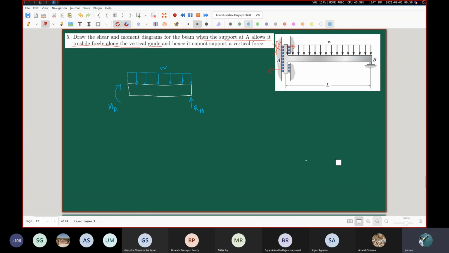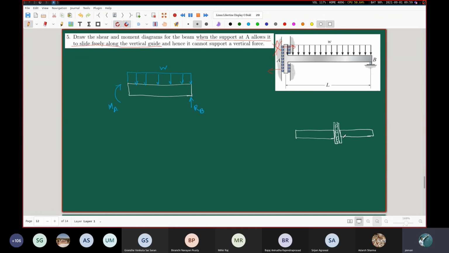Suppose two beams are present like this, and they have been joined through some special arrangement where the interaction between them is through some kind of rollers. So there is no resistance to the vertical movement of these two beams side by side.